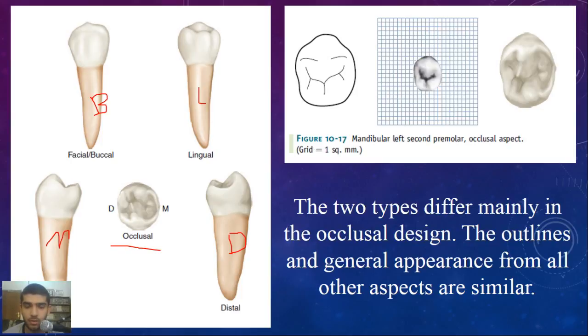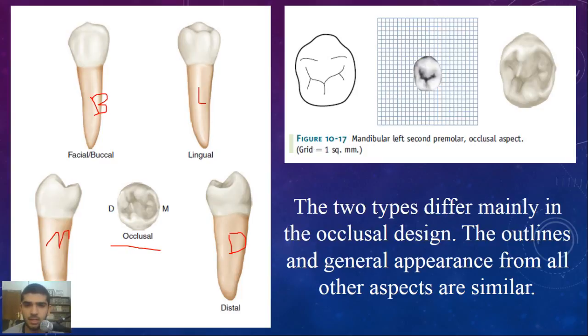We mean by the two types the three-cusp type and the two-cusp type. The two types of the mandibular second premolar differ mainly in the occlusal design. The outlines and general appearance from all other aspects are similar. So the main difference between the two types is from the occlusal aspect.